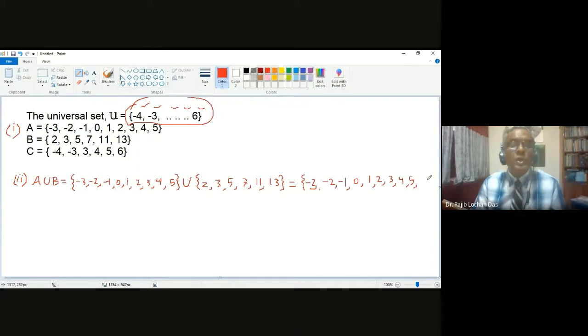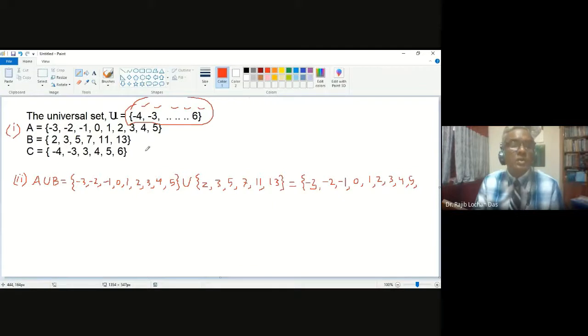There is a wrong thing. You cannot include 11 and 13 here in the B part, because this is out of the universal set. If there is any number out of the universal set, it is not possible.